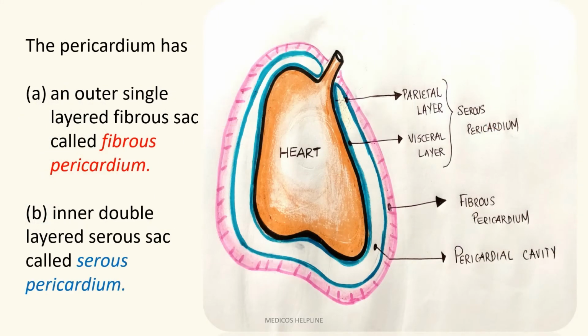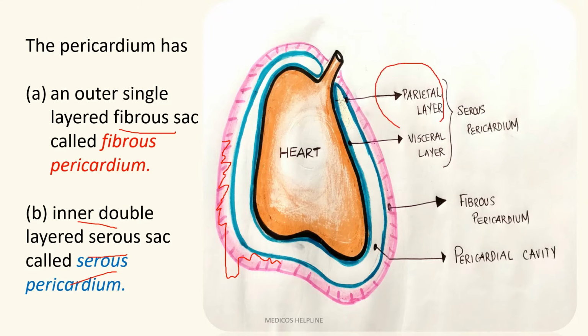The pericardium has two layers. One is an outer single layered fibrous sac which is called the fibrous pericardium, which is indicated by this pink layer, and an inner double layered serous sac which is called the serous pericardium, which is represented by these blue lines.